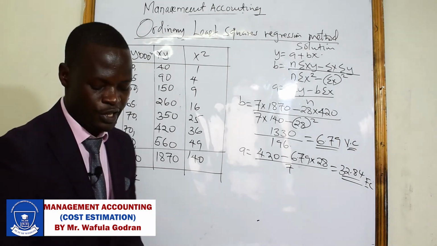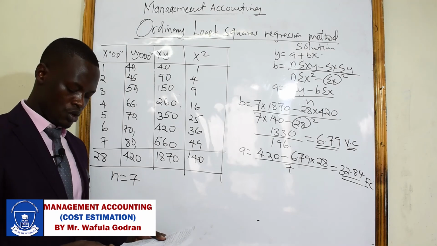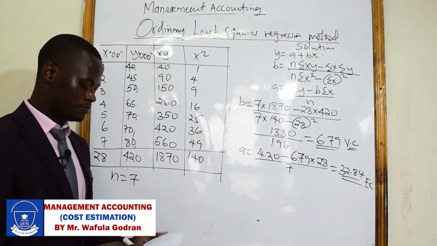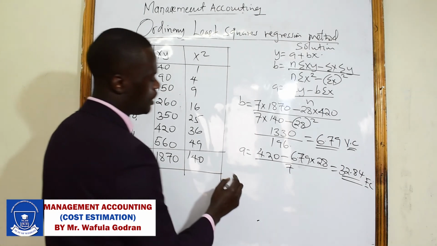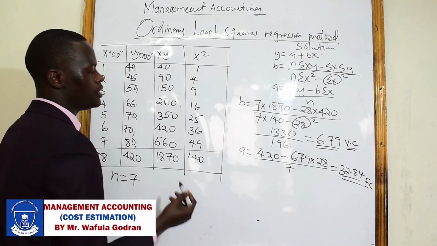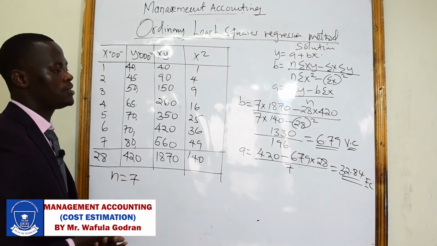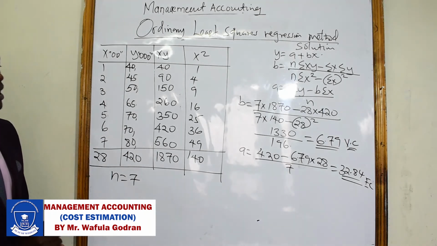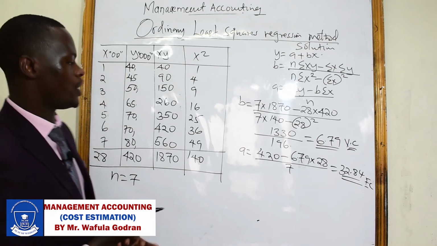The equation in the form y is equal to A plus B x. So the cost equation or the cost function, we have A, we have B.